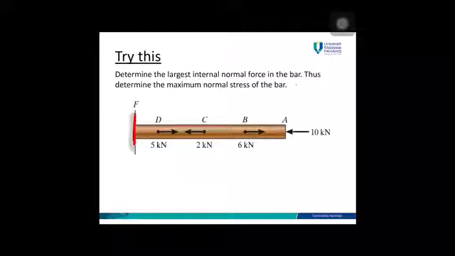This one also same. You need to calculate the internal forces between AB, BC, CD and DF.